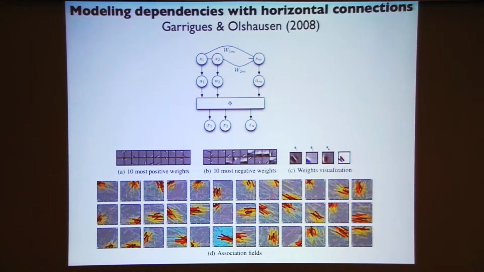So what you can see is these connections are connecting together units that are at similar positions and orientations. But it's not doing what we thought it would do. It's not forming contours or anything like that. So maybe that was kind of a lofty notion. It's doing something, but I think to get these contour statistics out, you need a more complex model than just modeling pairwise dependencies. Yeah?